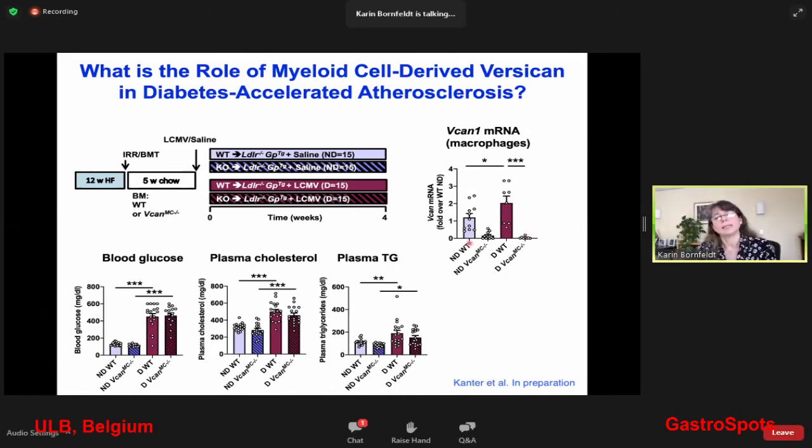And so at the end of this study, we indeed saw that macrophages from diabetic animals had more Versican than those from non-diabetic animals, and the knockouts were knockouts. Knocking out Versican in myeloid cells did not affect blood glucose levels, plasma cholesterol levels, or plasma triglycerides.